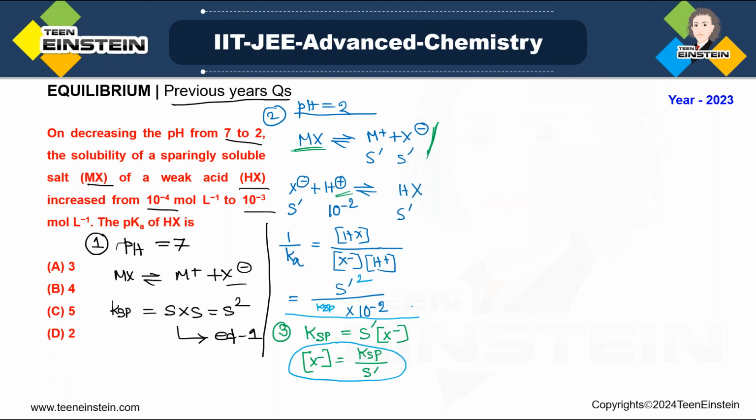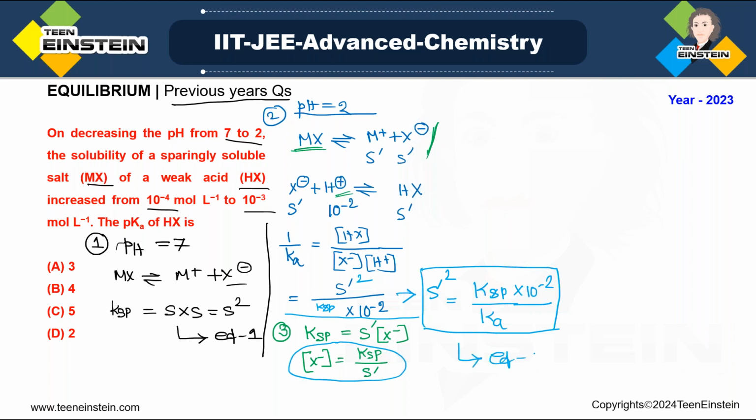And suppose this is the second equation, but we can arrange this equation like this: S prime square is equal to Ksp divided by Ka multiplied by 10 to the power minus 2. So this is the value of S prime square. And suppose this is equation number 2.